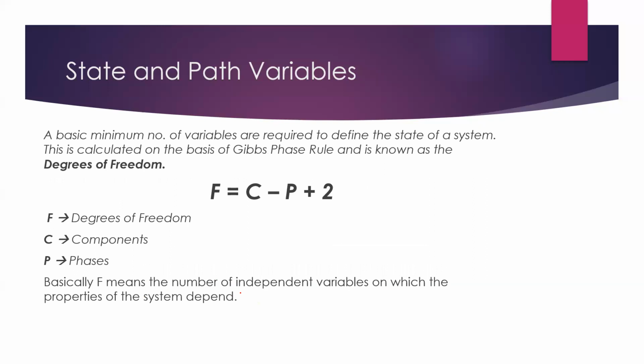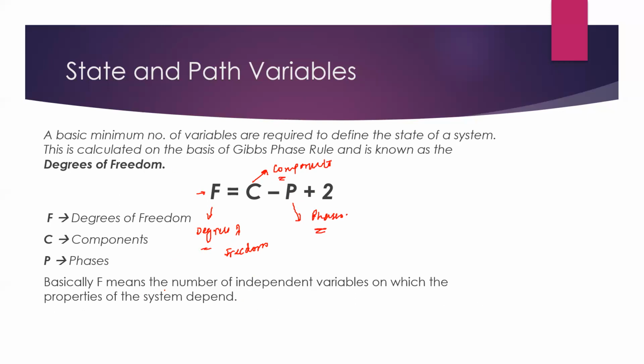A minimum number of variables are required to define the state of a system. This is calculated on the basis of Gibbs phase rule and is known as degrees of freedom, right? So the phase rule is basically that F is equal to C minus P plus 2, where F is the degrees of freedom, C is the components, and P is the phases, right?